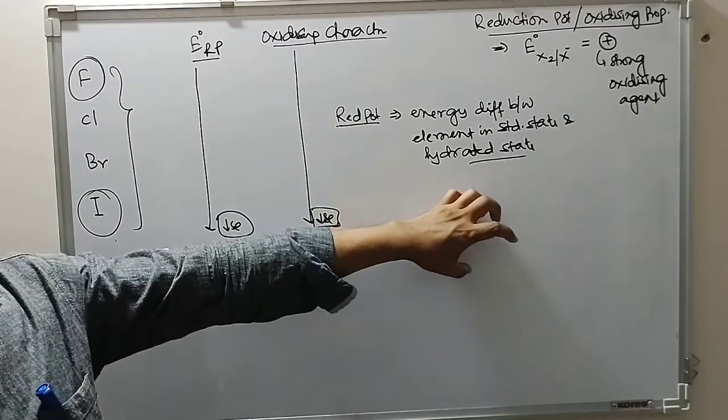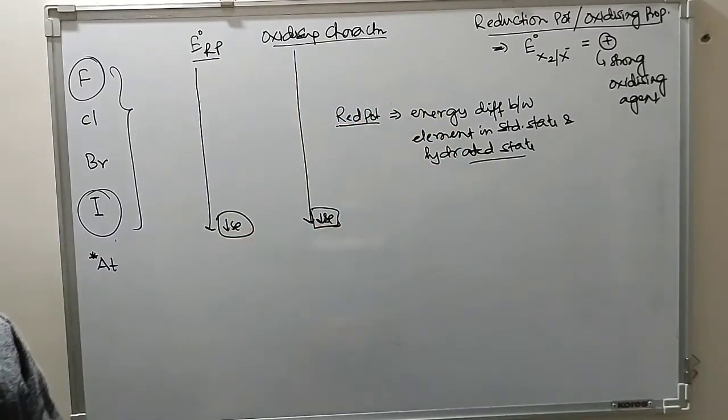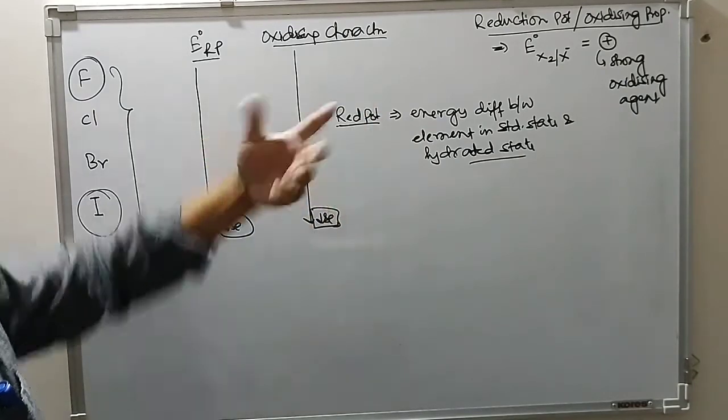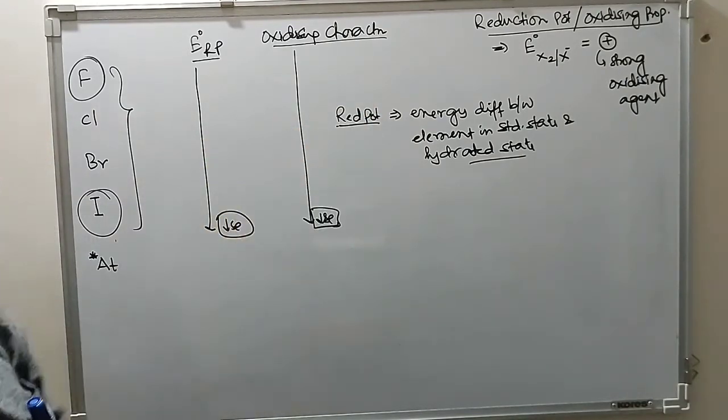This difference gives you the reduction potential, or we say the oxidizing character.